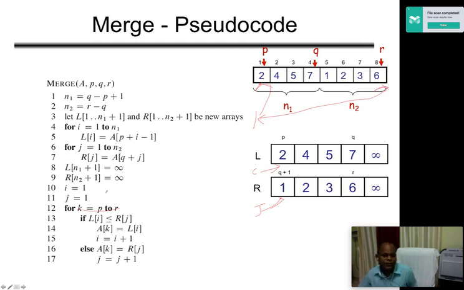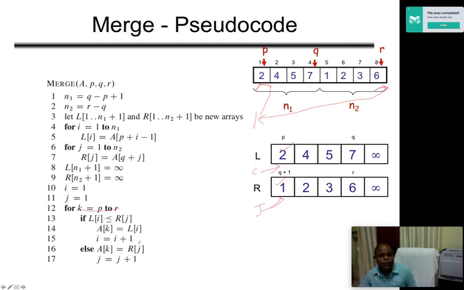Now if L[i] is less than or equal to R[j], in this case, which one? Is L[i] less than R[j]? No. Hence R[j] is smaller, so this condition is not satisfied in this case.